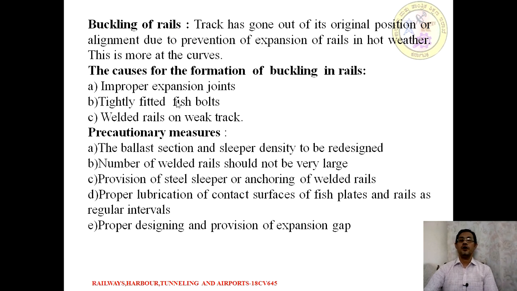So how are we going to prevent this phenomenon? The precautionary measures to avoid buckling of a rail are that the ballast section and the sleeper density be redesigned according to the design concept, that is, what the size of the ballast from the shoulder should be, how much width is to be provided, and proper packing.